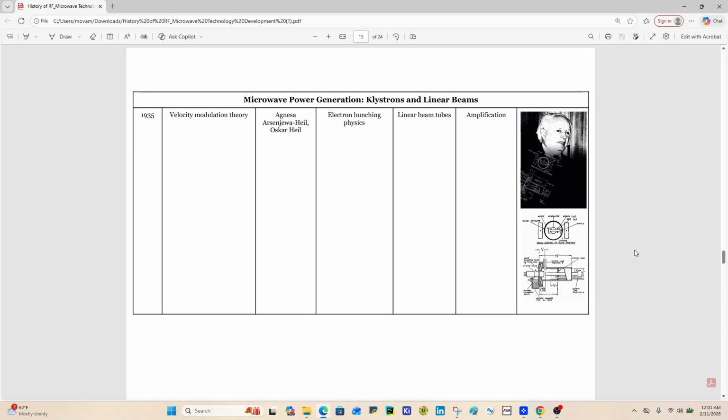Due to the limitation of grid control tubes at microwave frequencies due to transit time limitations, the beam bunching physics in velocity modulation theory enabled a new way of looking at how to accelerate charges and get gain out of microwave amplifiers.